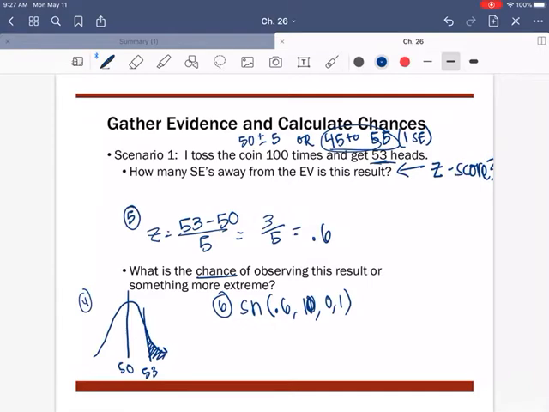Shade norm, 0.6 or more extreme. So 0.6 to 10 to 0 to 1. And then we type that into our calculator.